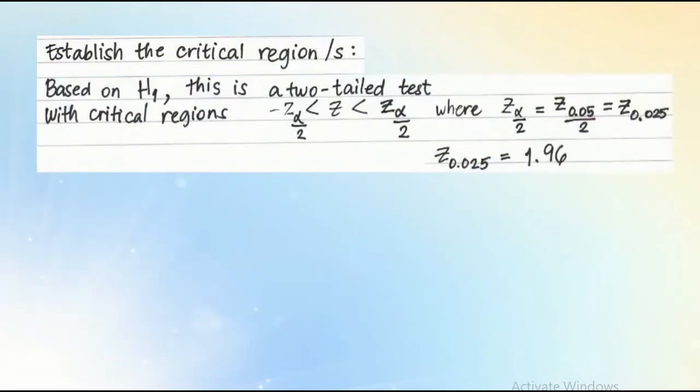Based on the H1 or alternative hypothesis, this is a two-tailed test with critical regions negative Z alpha over 2 is less than Z is less than Z alpha over 2, where Z alpha over 2 is equal to Z 0.05 over 2, which is equal to Z 0.025. So Z 0.025 is 1.96 based on the table.